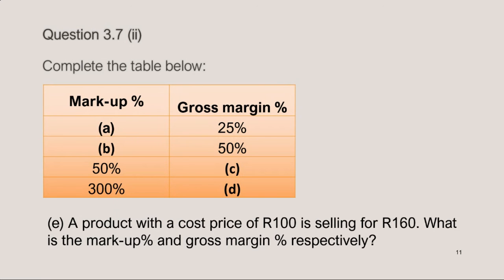Rafilwe says, because the gross margin percentage is 50, our profit is 50, and our cost is 50, which is 100 less the 50. So if you take 50 over 50 and multiply by 100, our answer is 100%.